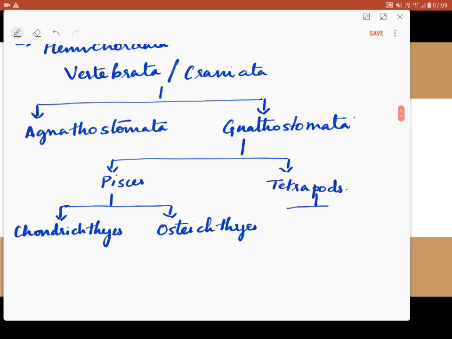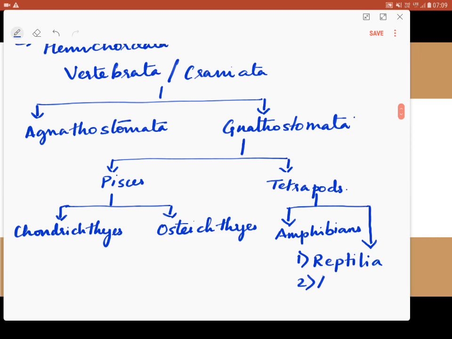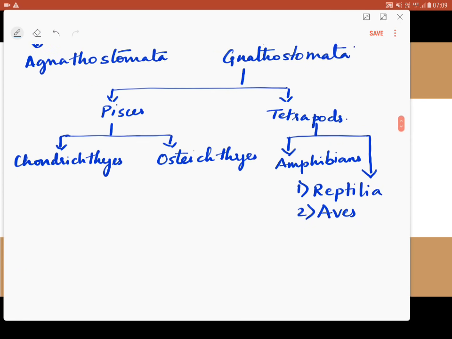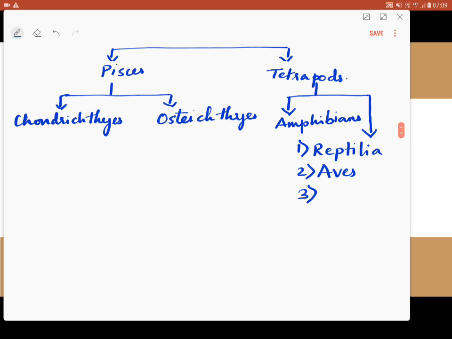In tetrapods, we have amphibians, till where we have already studied. In today's class, we will be studying first reptilia, then aves, and finally mammals. That will wind up the topic.